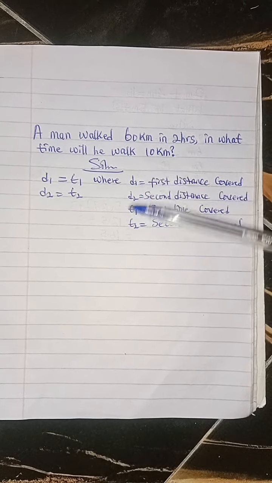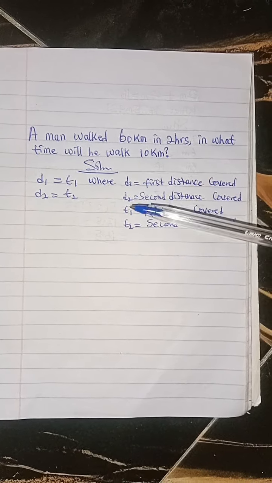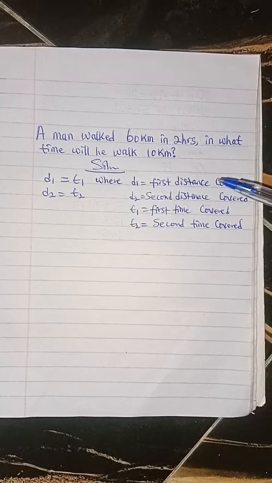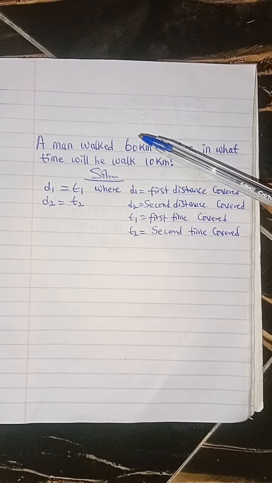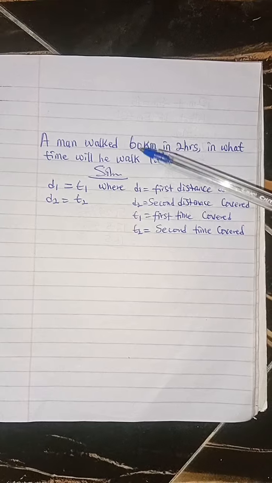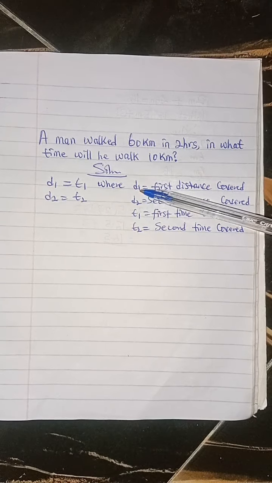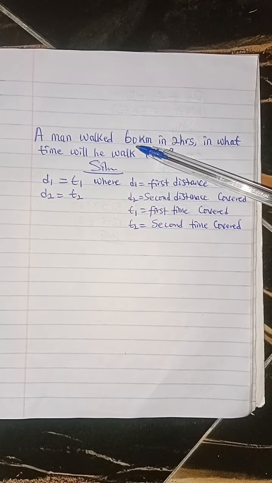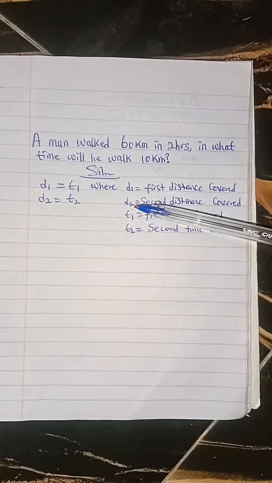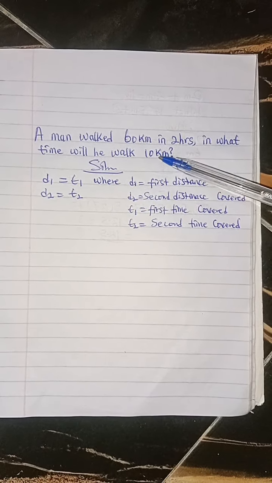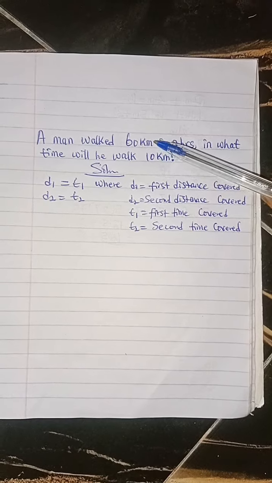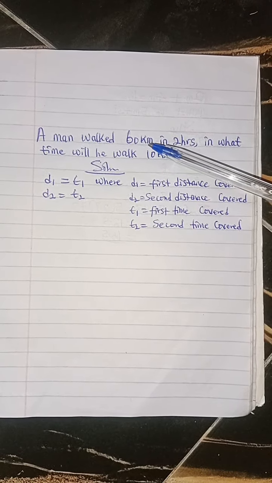So now let's apply the values to each of these parameters. We can see from this question that our D1, which is the first distance covered, is 60 kilometers, and D2, which is the second distance covered, is 10 kilometers. Remember, anytime you see kilometer or meter, they are talking about distance or length.